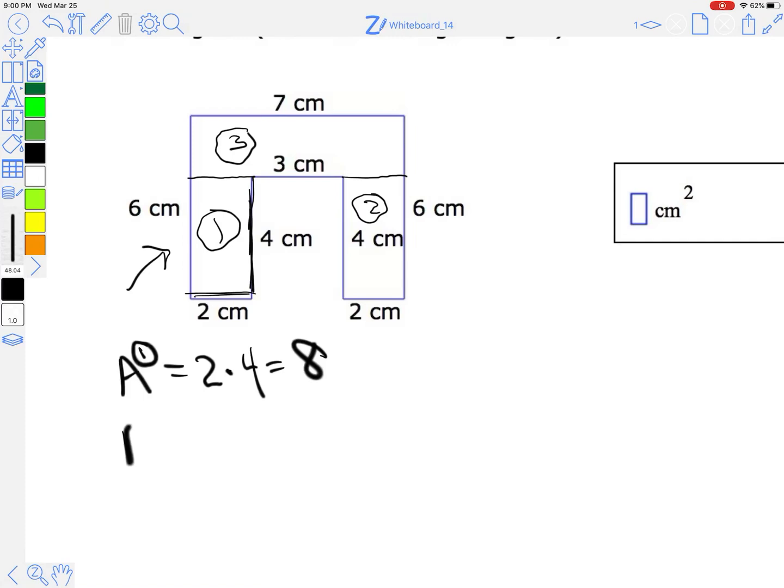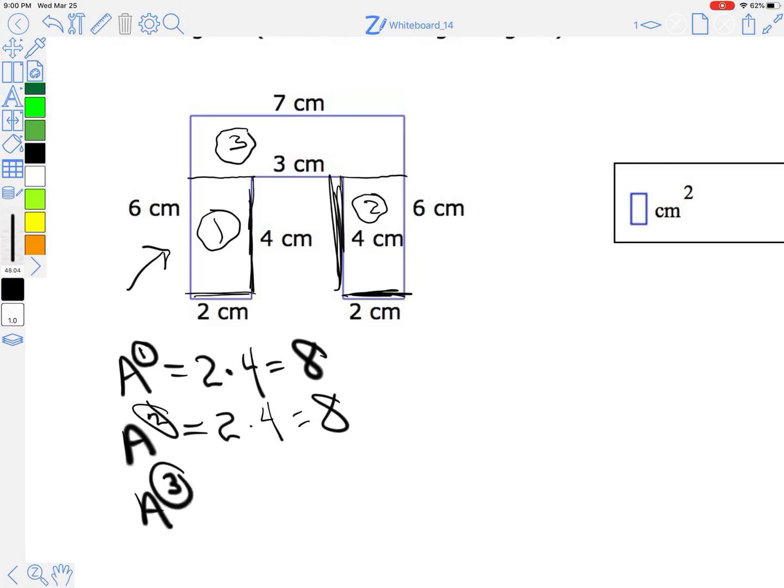Now, if I look at rectangle number 2, same thing. One side is 2, one side is 4, so it's the same. That one is 8. Now, the area of the third rectangle, we need to make sure we think about a little bit.